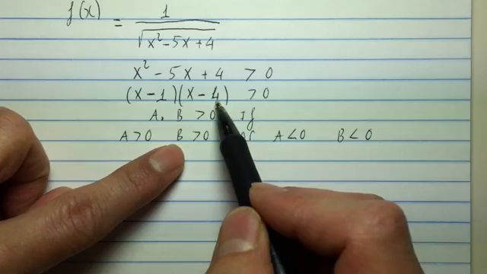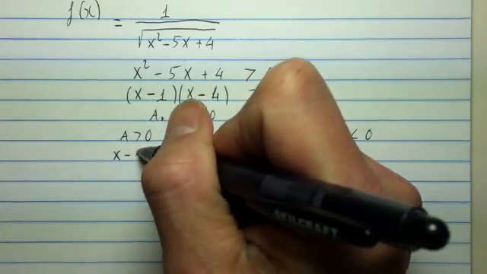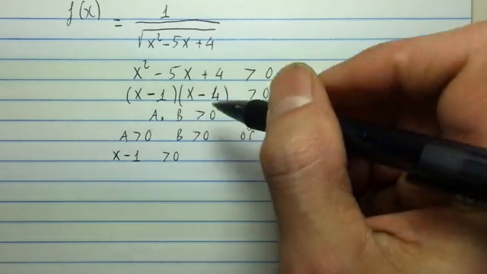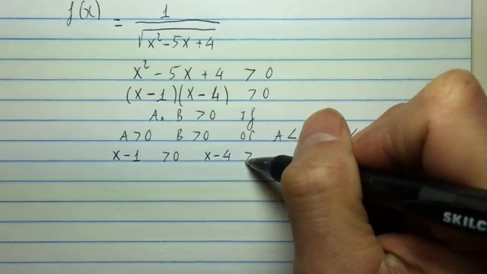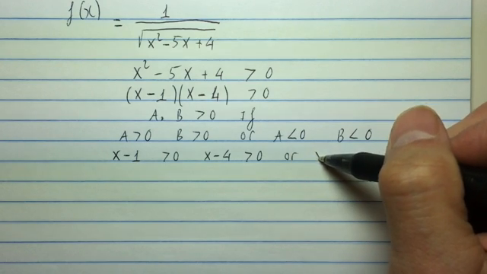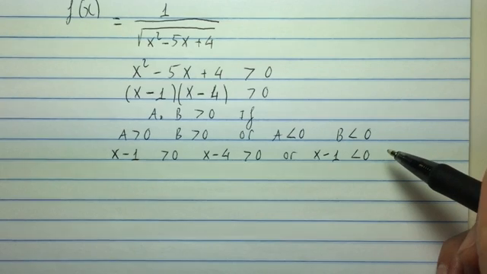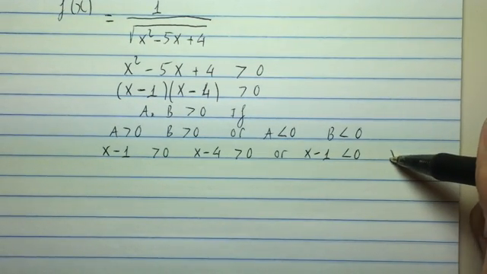So now A is x minus 1 and B is x minus 4. So x minus 1 bigger than 0 and x minus 4 bigger than 0, or x minus 1 less than 0 and x minus 4 less than 0.